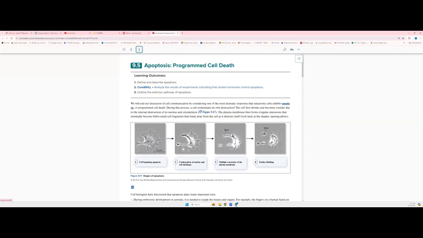We're going to talk about a very important concept, apoptosis. It is how cells die, how cells kill themselves in certain ways.